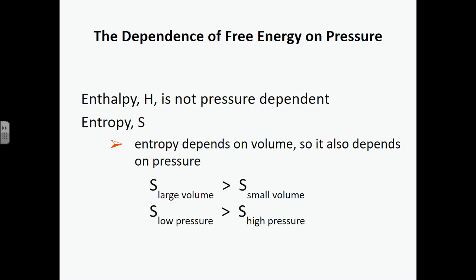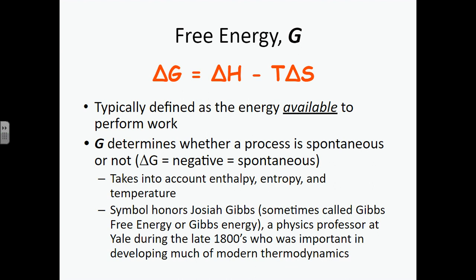This means that entropically, things favor a larger volume because they favor having more space to randomly run amok, as opposed to a smaller volume, which confines them to limited space to move around. If you want to look at it in terms of pressure, a lower pressure is preferred for entropic reasons as opposed to high pressure situations. There are a number of analogies that can be used when relating this value of entropy.